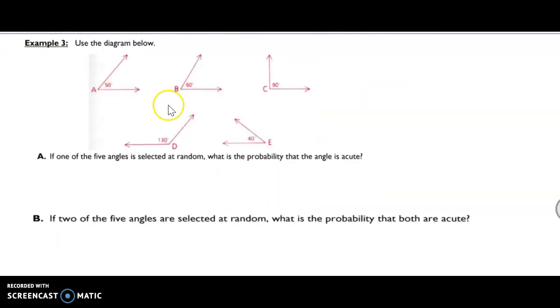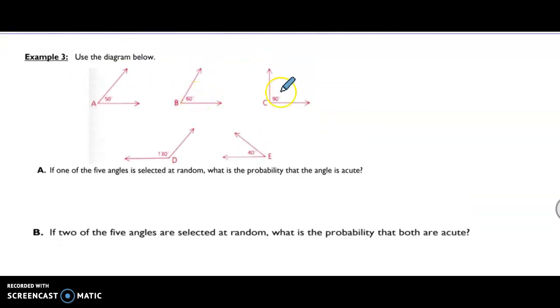All right, so in this last example, you're given 5 angles, okay, with measurements given to you. Part A says if one of the 5 angles is selected at random, what's the probability that the angle is acute, right? Remember, acute means angle is less than 90 degrees, okay?